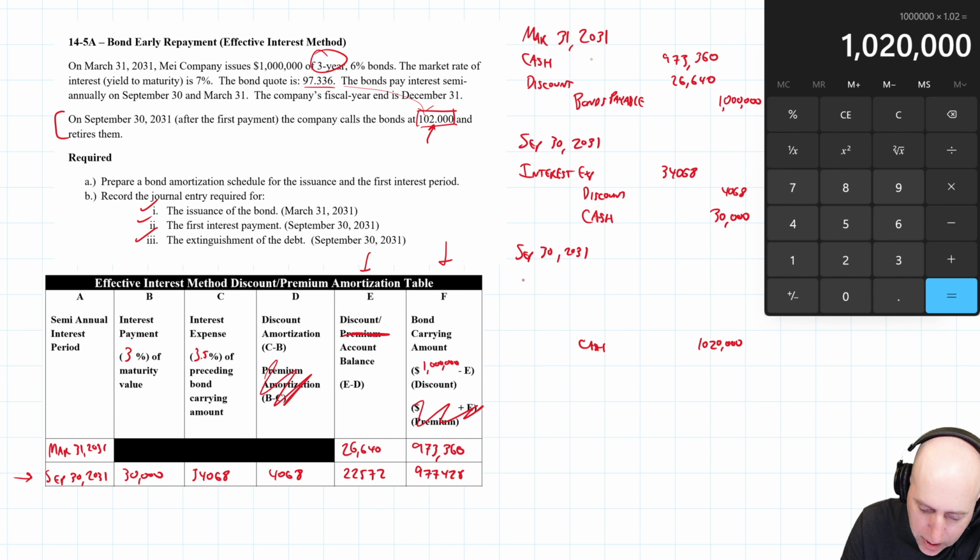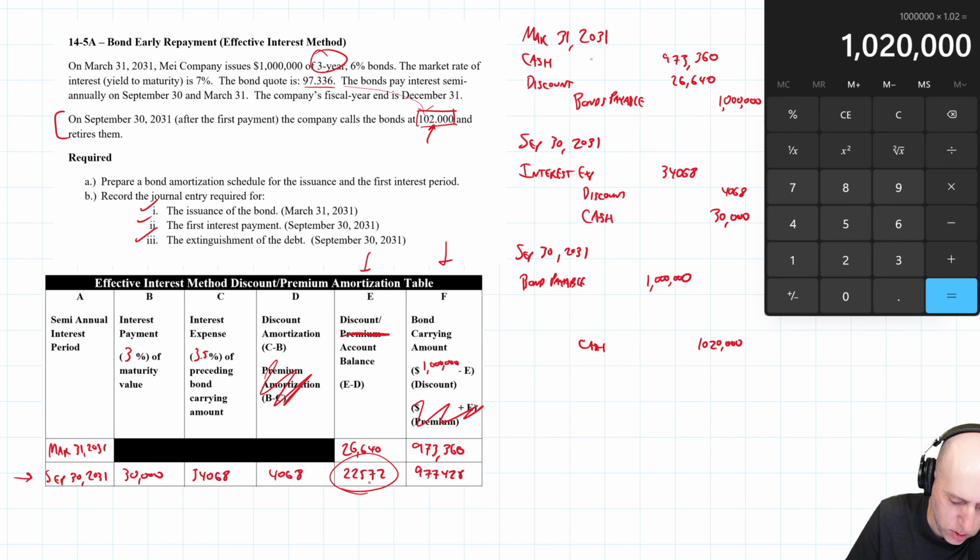We get rid of the bonds payable, debit bonds payable for $1 million. We get rid of the discount. Now the discount was a debit of 26,640. We credited 4,068, so it's sitting at 22,572. We got to get rid of that discount, 22,572. Credit it to get rid of it. It was a debit account sitting in a debit.